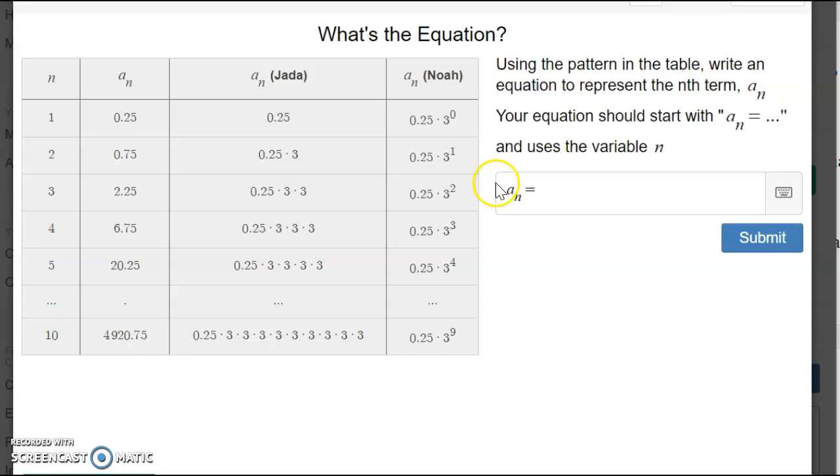This is a sub 1, or the first term, so we are going to copy this, and instead of writing n, I am going to write 1. A sub 1 multiplied by, okay, and what do we do?